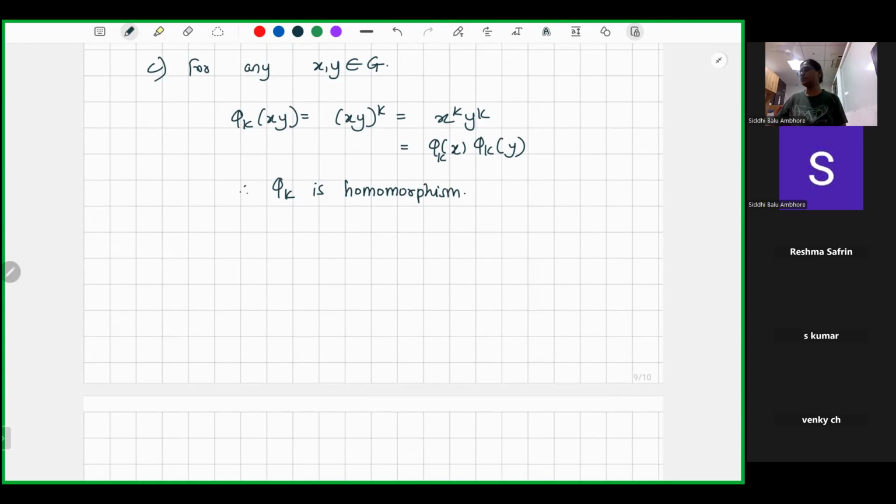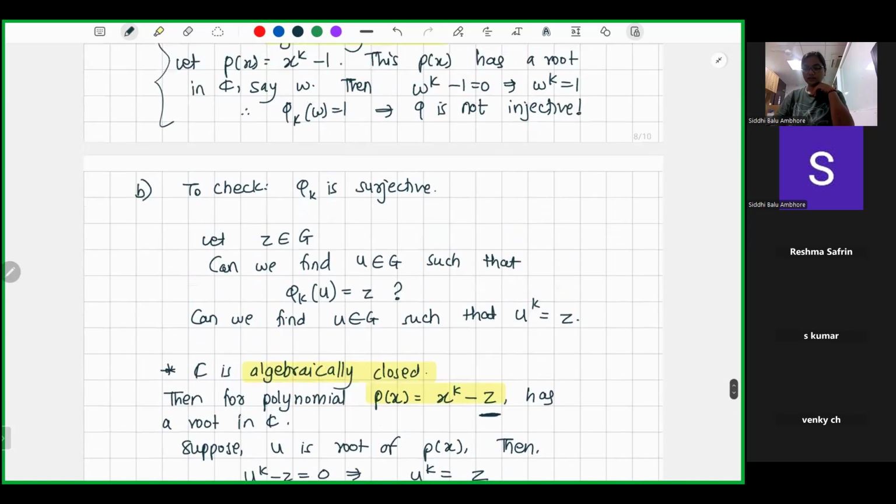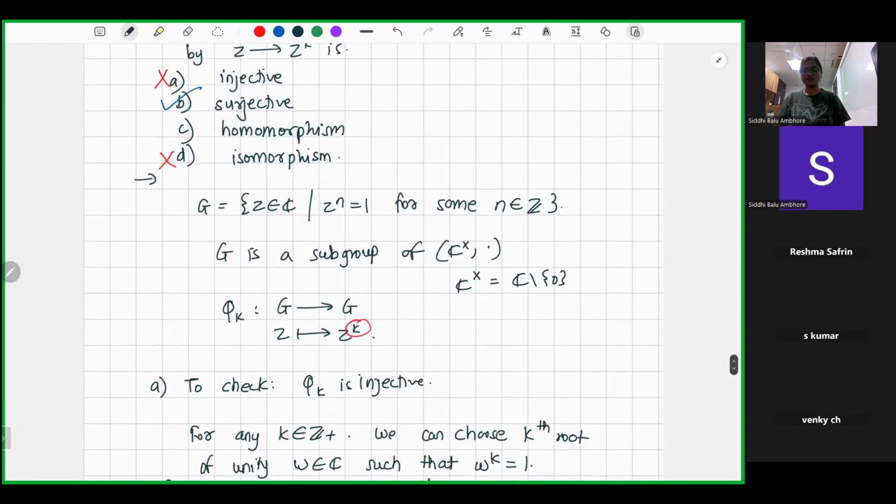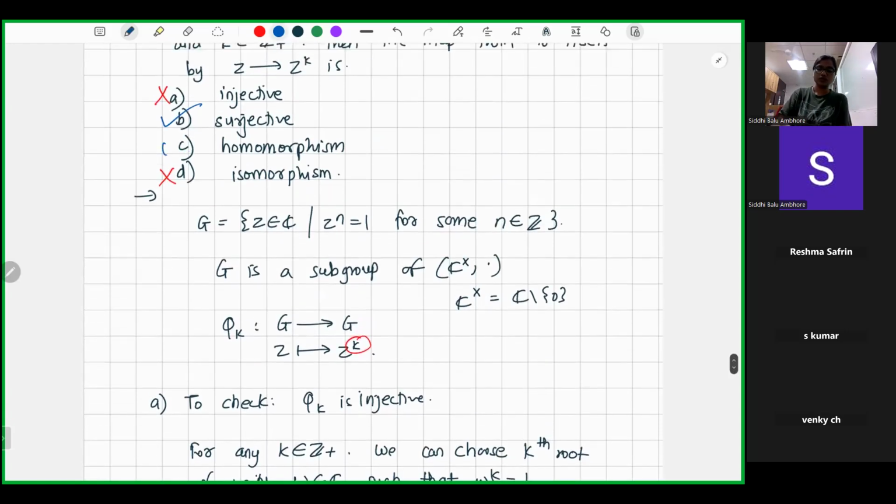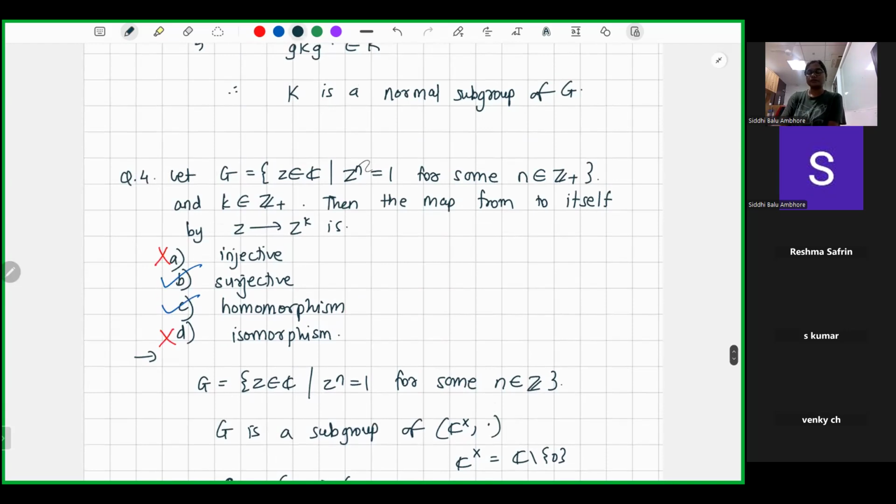Any doubts here? If something is not clear, this is definitely a homomorphism. Anyway, we were in abelian groups.